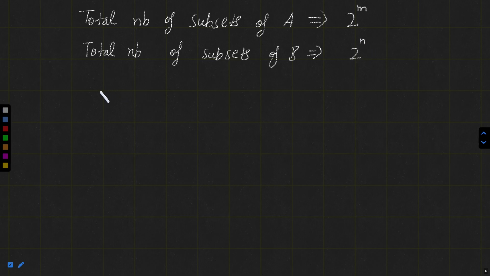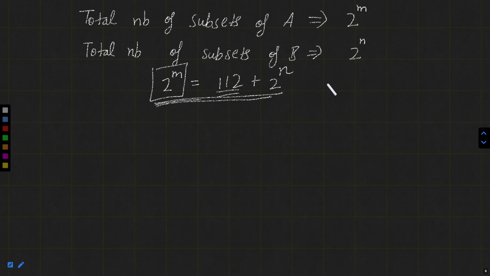Now, according to the question, we know that the total number of subsets of A is 112 more. If you add 112 more subsets to the total number of subsets of B, then we will get our total number of subsets of A. So let's write it as an equation. Okay, so here's the equation.